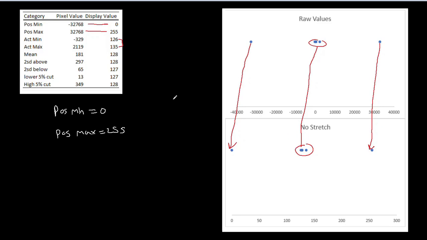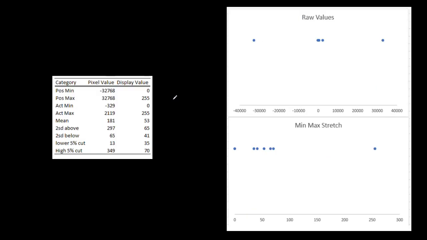Okay. So let's talk about MinMax stretching. In MinMax stretching, in this case, the actual min becomes 0. The actual min becomes 0. And the actual max becomes 255. That's what this is saying here.